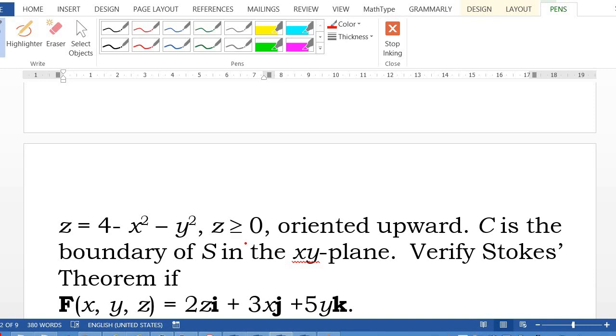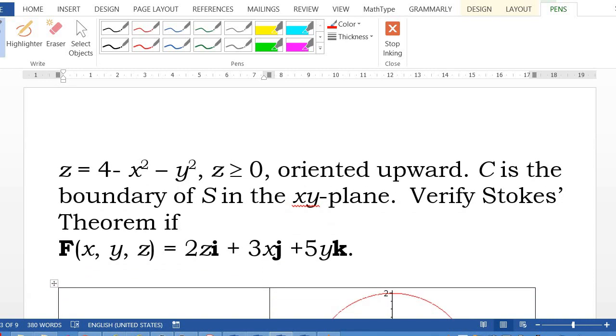You can use your right hand, where the thumb represents the direction of your unit normal vector, and the direction of the other fingers represents the direction of your curve C. If your unit normal vector is oriented upward, then curve C is oriented anti-clockwise. Then question 1 is to verify Stokes theorem.